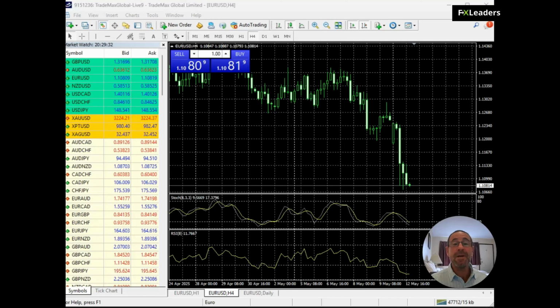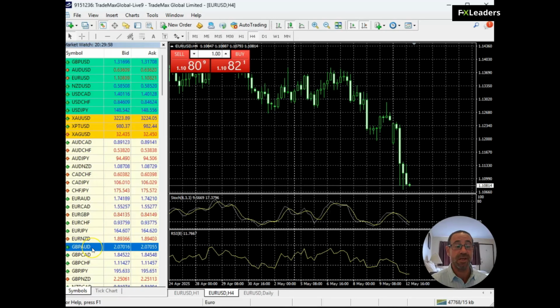Now, minor pairs or crosses, those are the pairs that don't have the US dollar but still involve strong popular currencies, such as, and you can see that's the next group: Euro Pound, Swiss Japanese Yen, CHF JPY, Canadian JPY, GBP AUD, right?